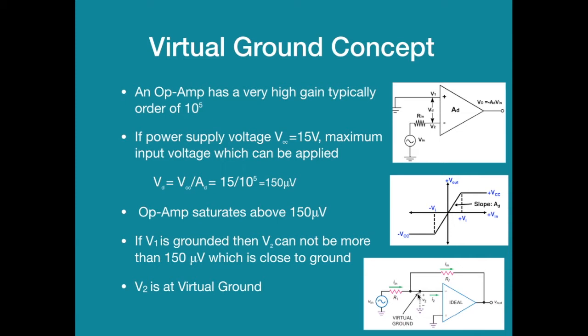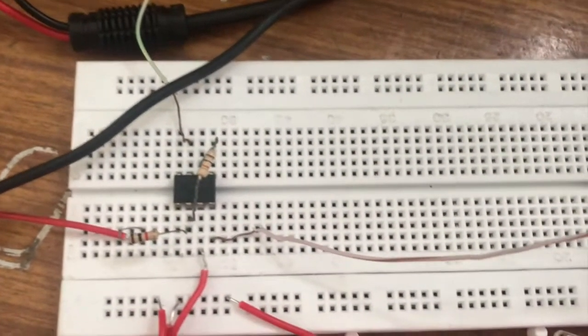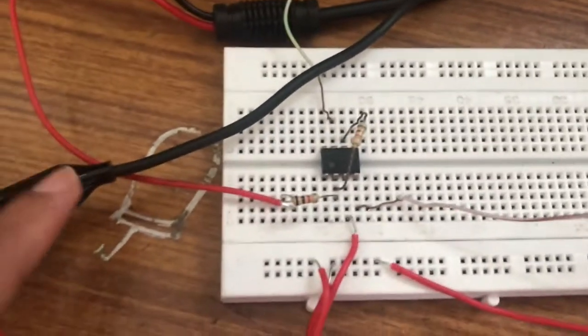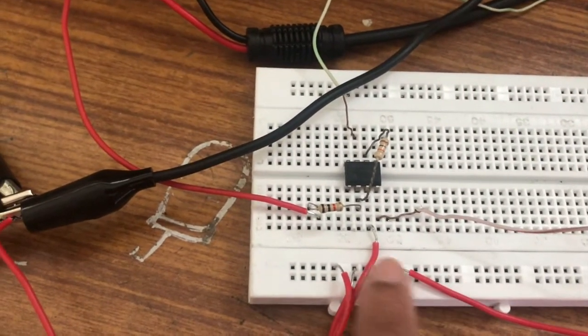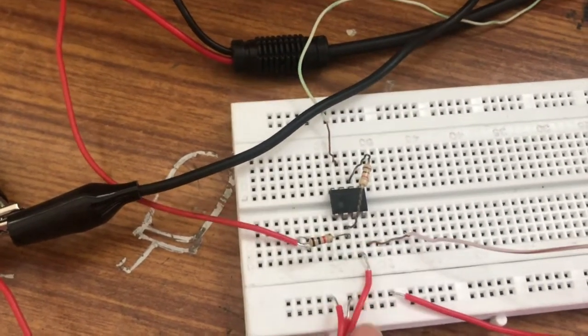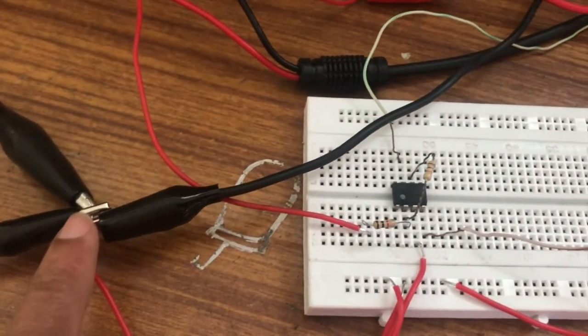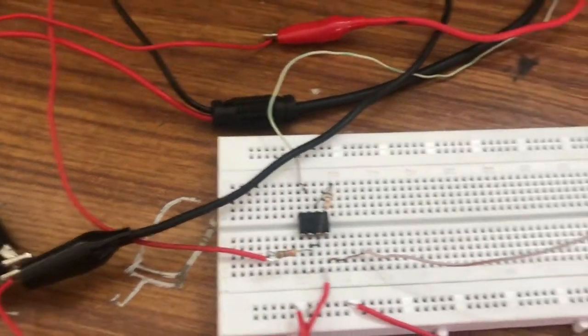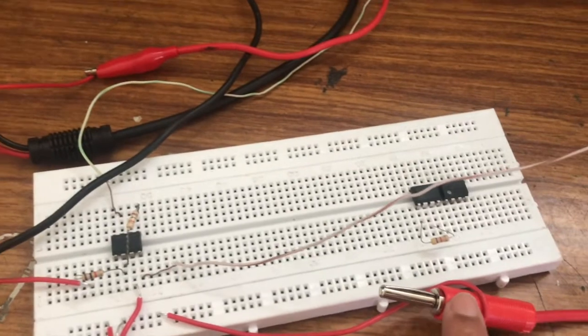And we'll see it in the experiment also, that when I apply this voltage to CRO, CRO gives me almost 0 volts. This is the circuit of inverting amplifier in which pin number 2 is at virtual ground, and that is to be checked on the CRO, right? So this is the common ground connection.